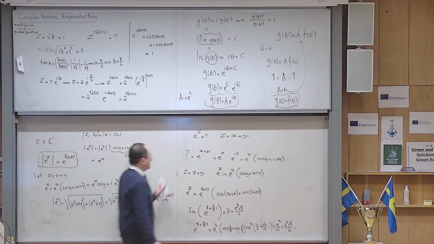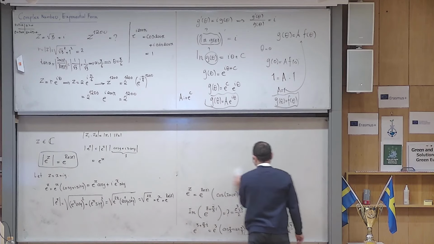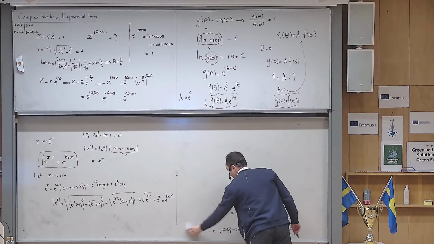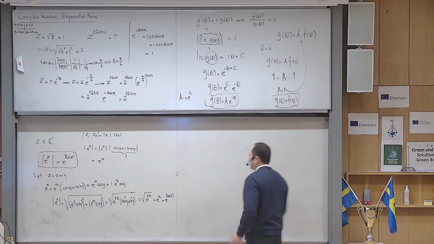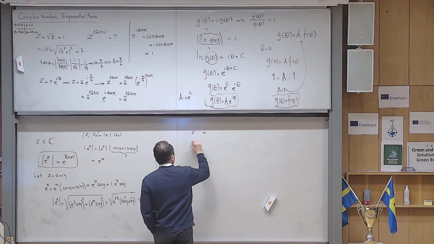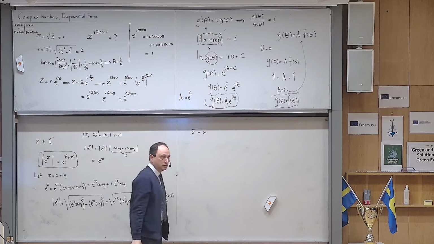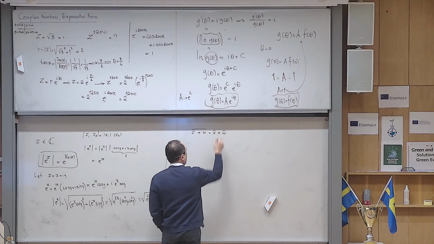But now let me ask you another question. Do you remember we had some formulas about conjugation? For example, I told you that if I have two complex numbers, it doesn't matter if I add them first and then take the conjugate, or conjugate them first and then add.